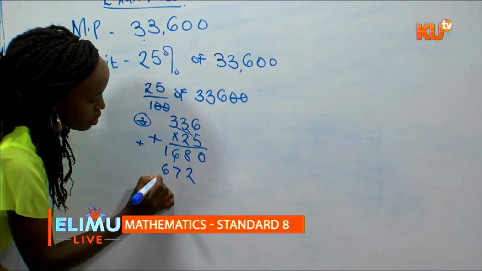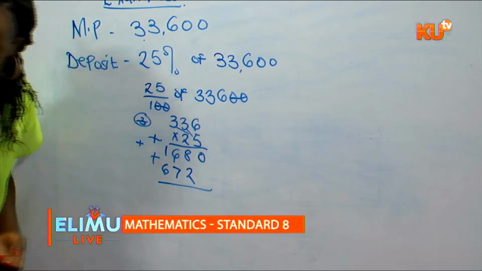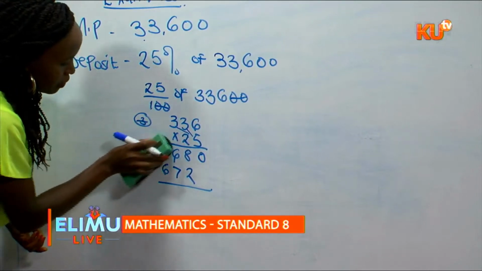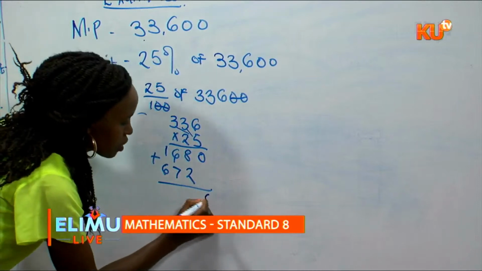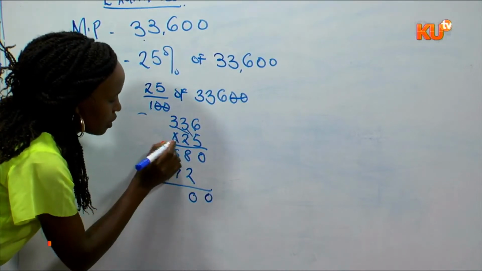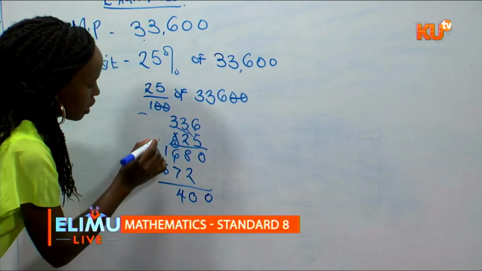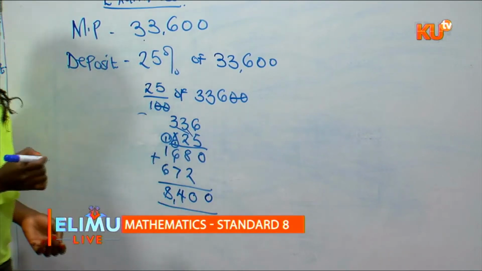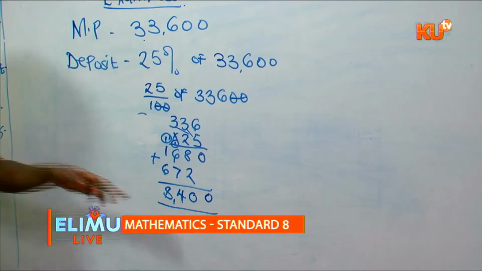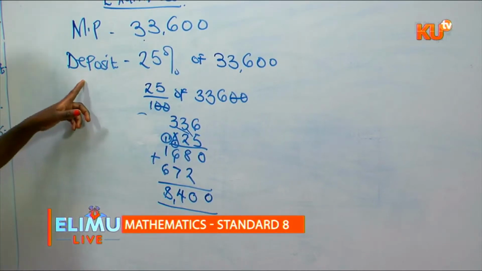And then 6. Then what we get, we add. Zero, 10, carry 1, 14, carry 1, 8. 8,400. Now this 8,400 was the deposit.